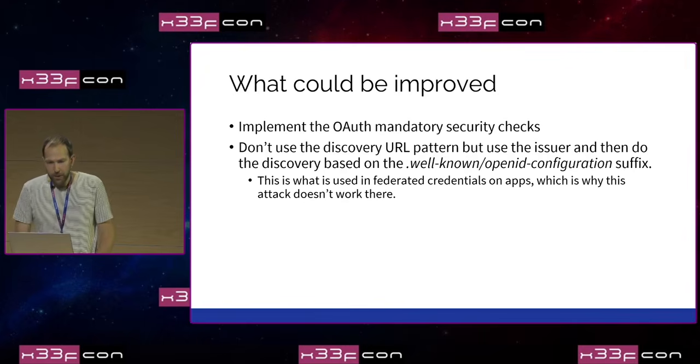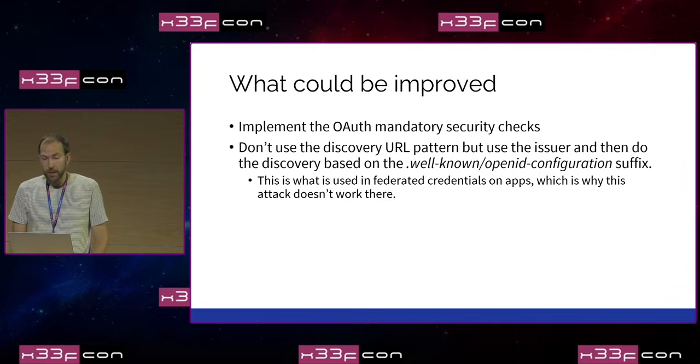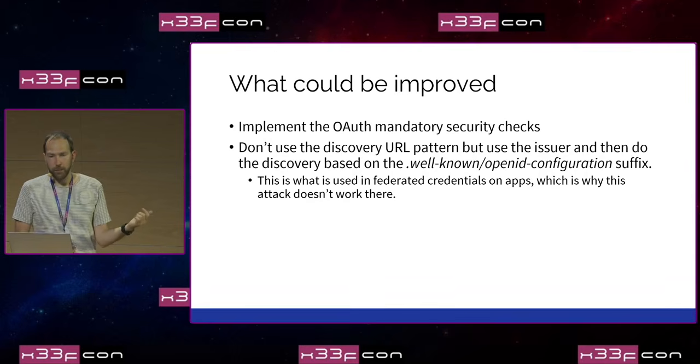So what can obviously be improved here? Well, first of all, we could implement the mandatory OAuth security checks and follow the protocol. What you could also do is not use the discovery URL as a specifier, but only let the configuration specify the issuer. Because if you know the issuer, you can discover the document yourself by just appending the documented prefix.